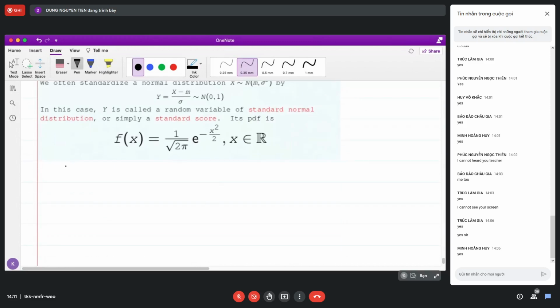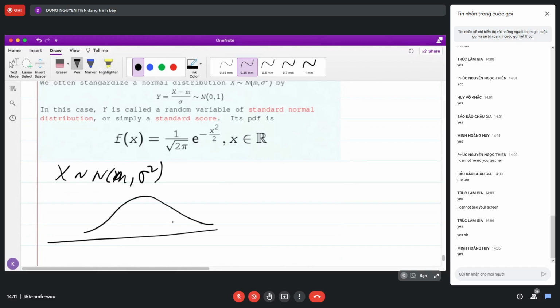We can verify that very easily. Suppose that x follows a normal distribution with m and sigma squared. Then you come up with this distribution. Let's say I consider x minus m. Then I move it to the left by m units. Then you can see that it is still a normal distribution, right?